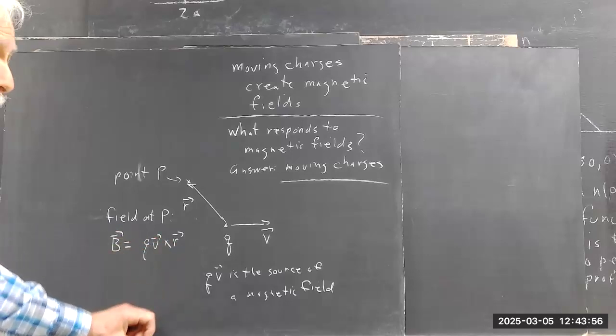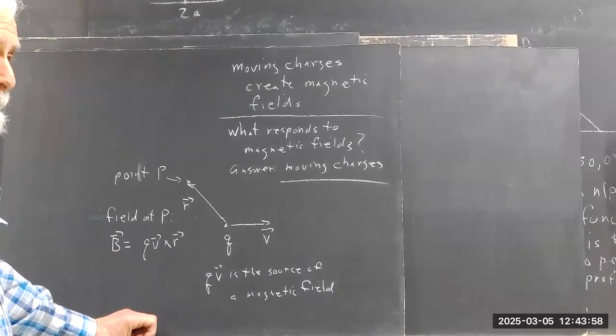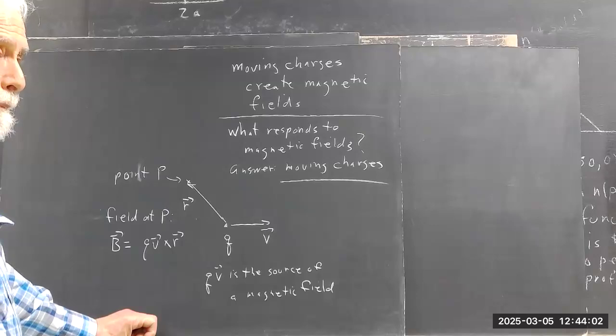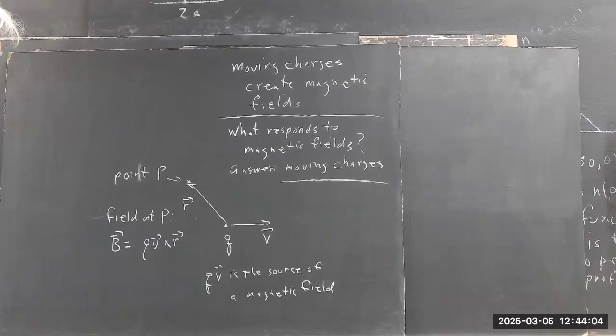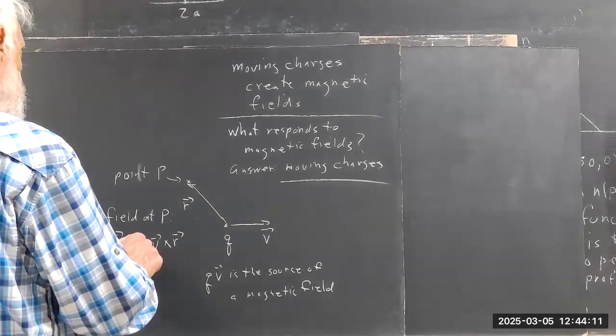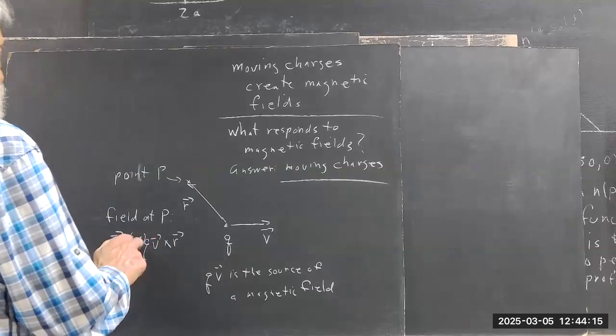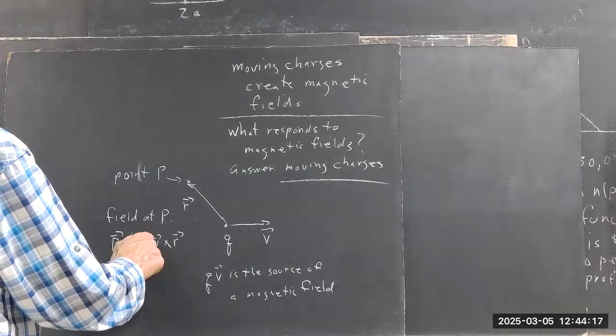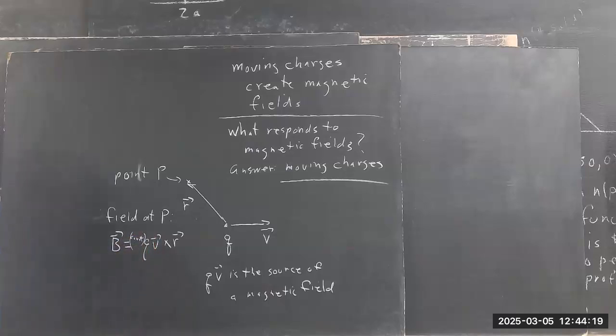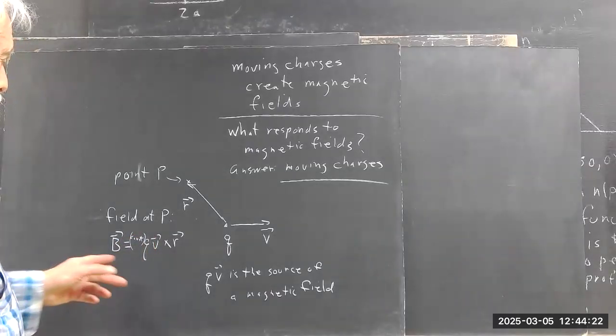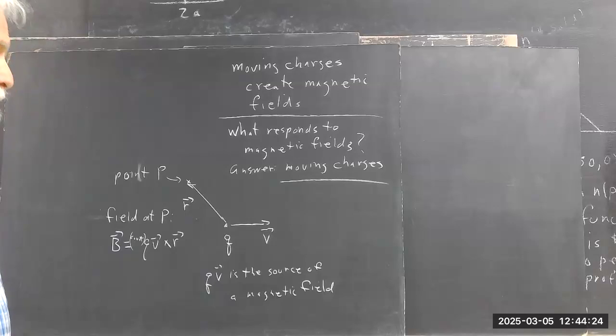Cross product, QV cross R. Got a proportionality constant, some constant times QV cross R.